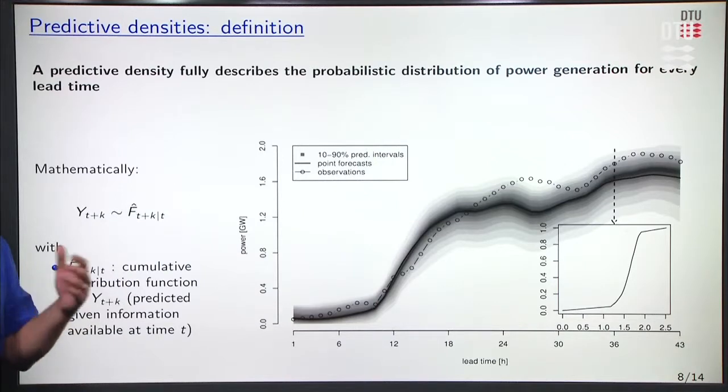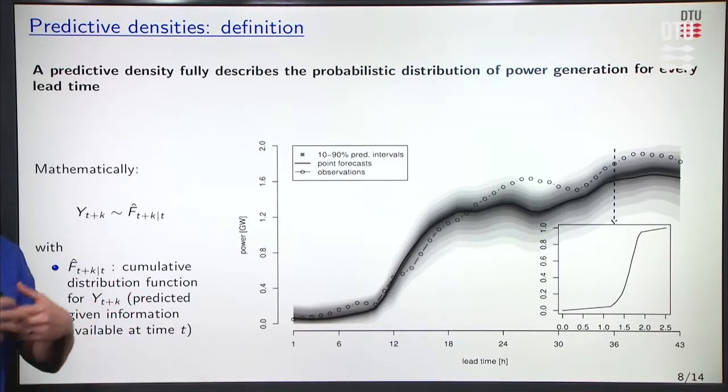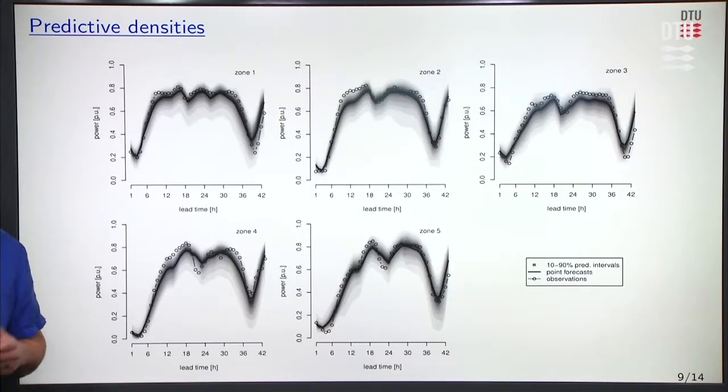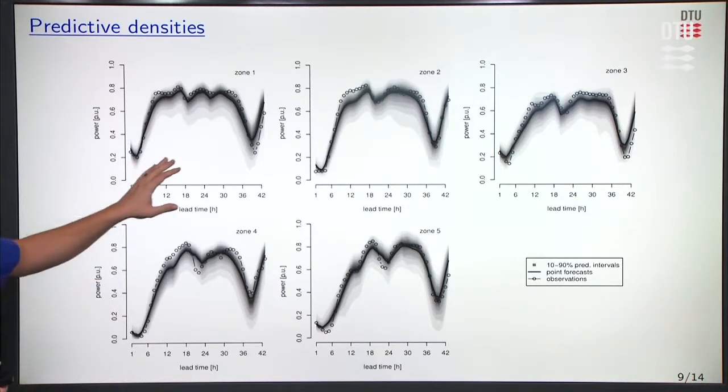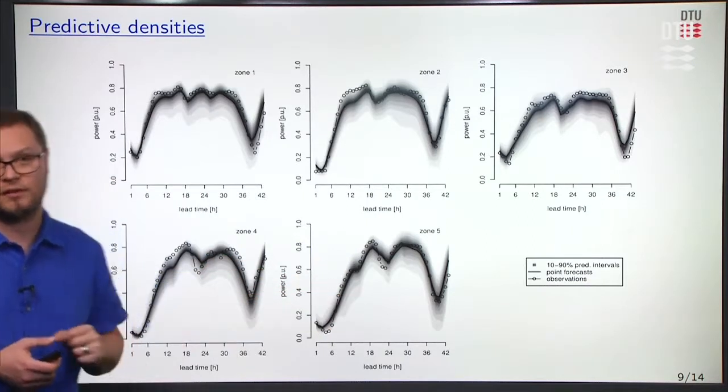These are, you would think, the most advanced and general products we can define if we want to describe what is going to happen, but also what is the uncertainty involved. Actually, when we describe this forecast, we are not looking at all the information that we may need for decision making. These are examples of probabilistic forecasts for the 5 zones we have of interest.